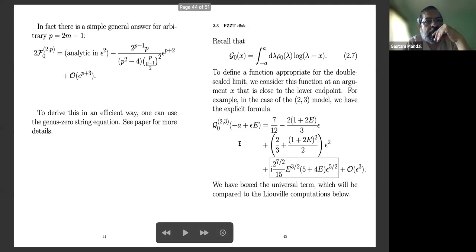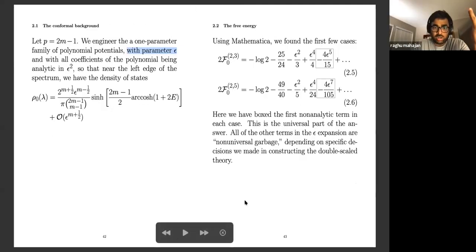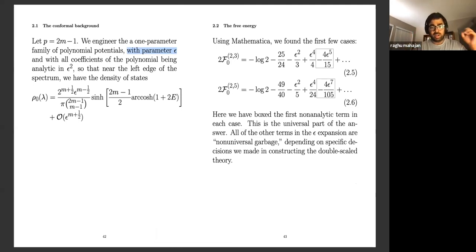In other words, L times epsilon to some power is the string coupling constant. What happens in the double scaling limit? We take the size of the matrix to infinity, and we tune some coupling to a critical value so that the product, L times the thing to some power, is held fixed. That is epsilon. So the double scaling limit is L goes to infinity, epsilon goes to 0, with some combination held fixed. Thank you.